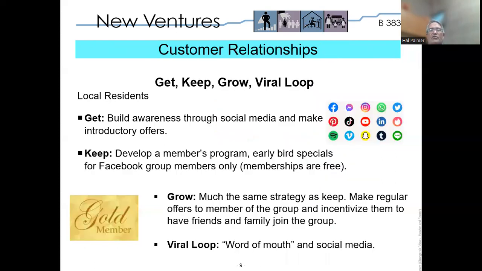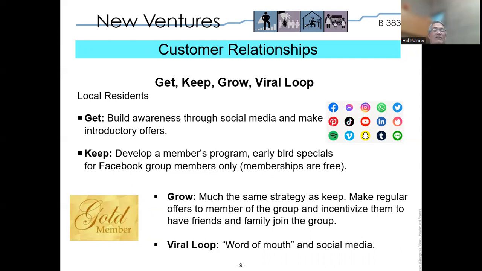Okay. As you start your business, you have to have a plan to get, keep, and grow customers. Or in other words, build customer relationships. So the best customer is the one who will purchase over and over, but it all starts with the first purchase.